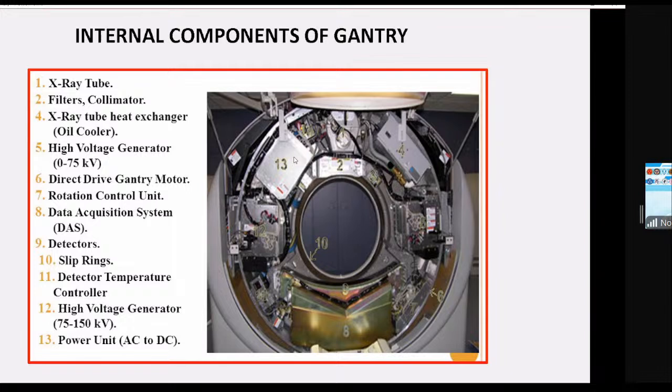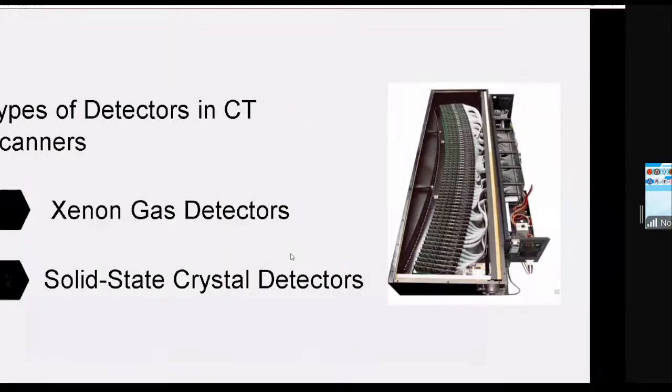Okay, so I want to highlight the important part for image formation, which is the detector. For CT, we have two types of detector. First is the xenon gas detector, and second is the solid state crystal detector. So let's have a look one by one.